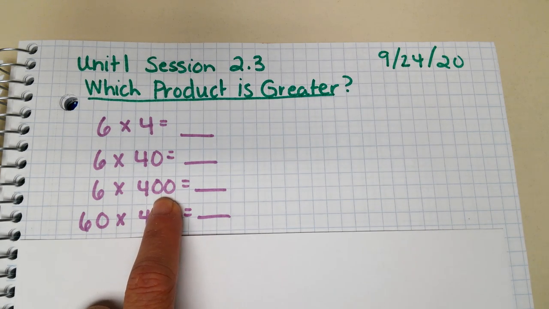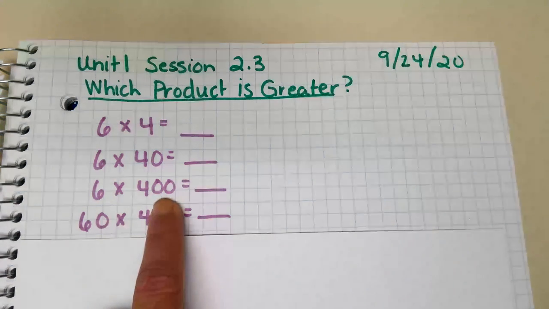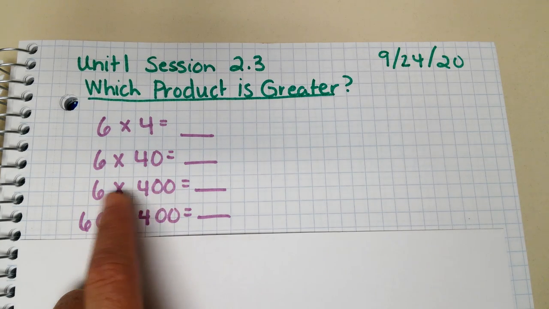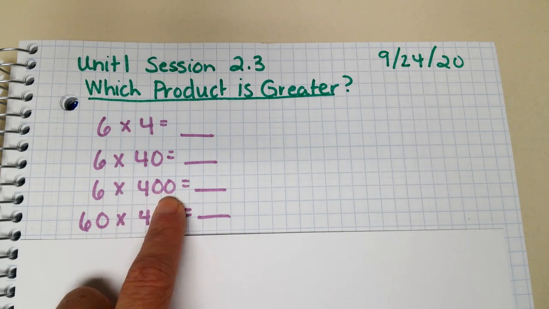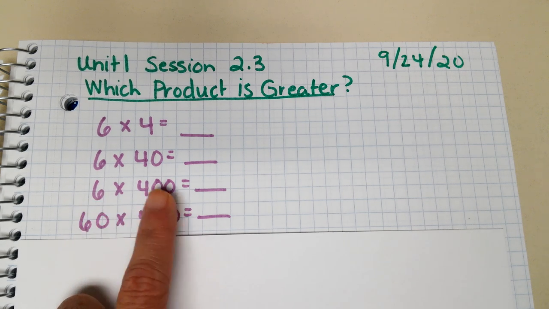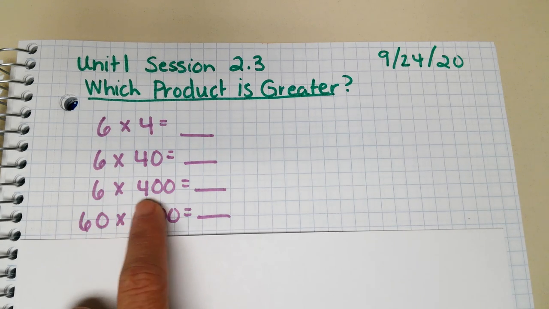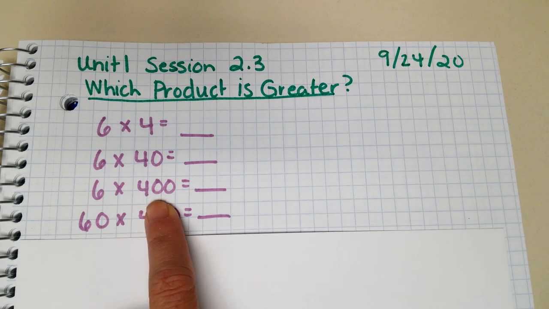Who thinks they can explain whether this method will always work and why? What do you think? Can we start with 6 times 4 and then any number that's the multiple of 100? Will that still work? 6 times 4 is our starter problem. Will that always work?